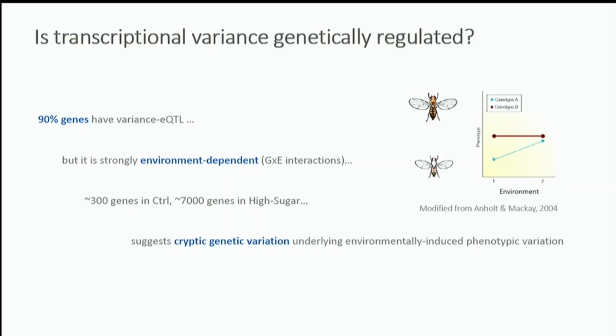But if you are the lucky student who happened to choose environment 1 to run exactly the same experiment, now you see that red and blue actually determine a lot of the variation in your phenotype. And this is what we call cryptic genetic variation, because the variation exists in your population, but is hidden, or cryptic, depending on the environment when you measure the genetic effect, right? So it's just a toy example of what cryptic genetic variation is.